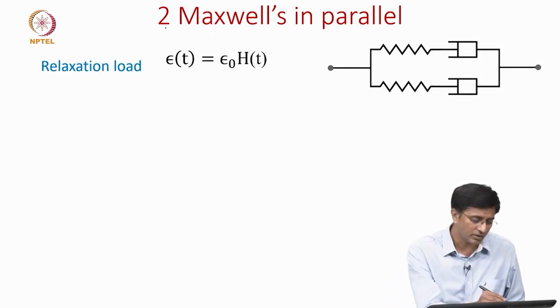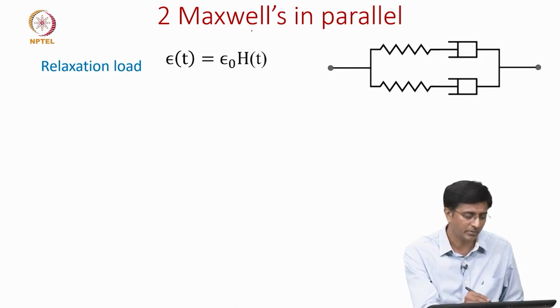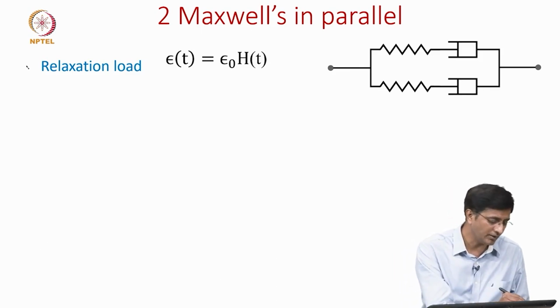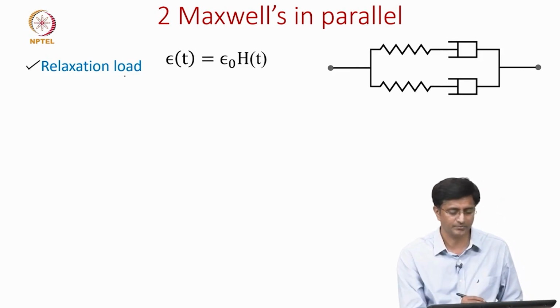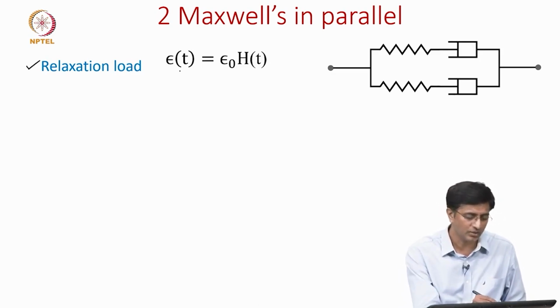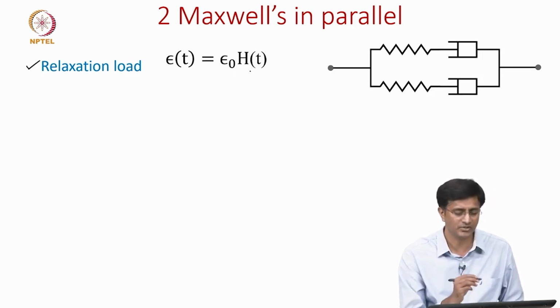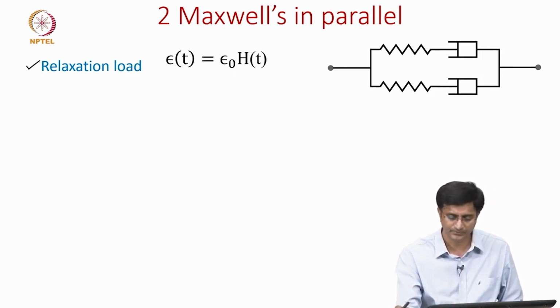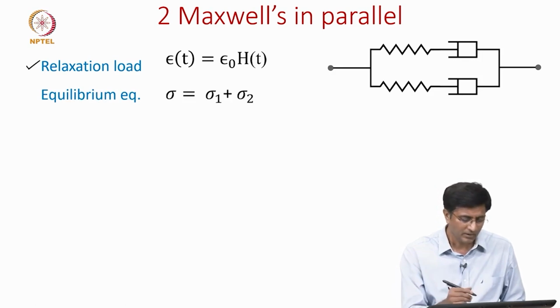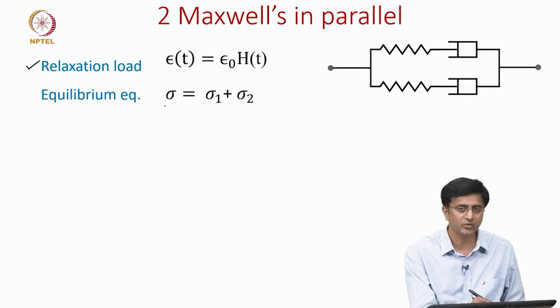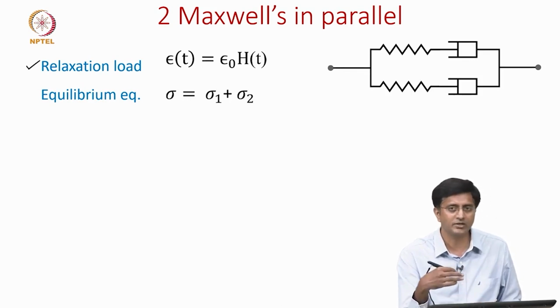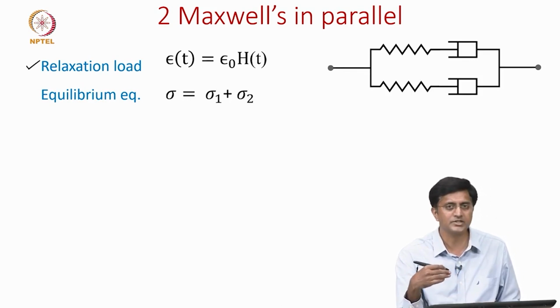So, we said we are again looking at these two Maxwells in parallel, but this time we will be interested to know what is the response to relaxation load. So, as we all know, relaxation load is given by this sigma naught times the step function h of t. And since both of them are in parallel, we said the equilibrium equation is stress can be written as sum of stresses in first and the second Maxwell model.